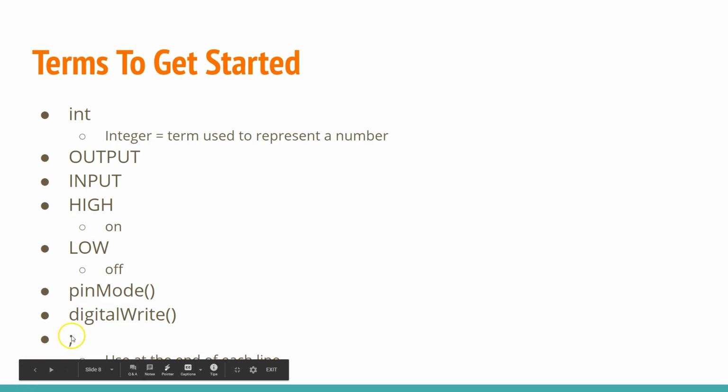Finally, semicolon. Add this at the end of every line of code that doesn't need to be extended. Think of it this way: a semicolon is a period. A period means to stop that specific sentence.